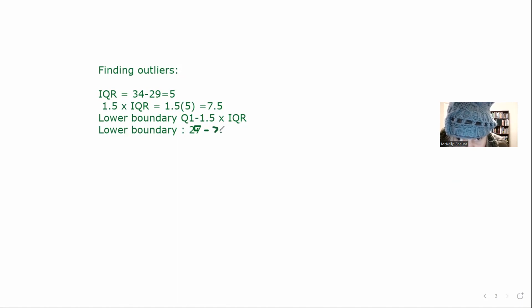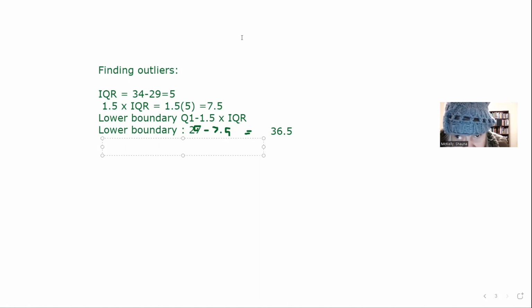And similarly, my upper boundary, so 29 plus 7.5 is 36.5 units. Okay. There's nothing in my data set that's higher than 36.5. Our max was 34. So I don't have any, excuse me, I just subtracted when I should have added.